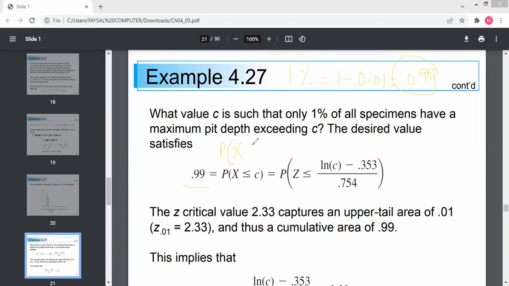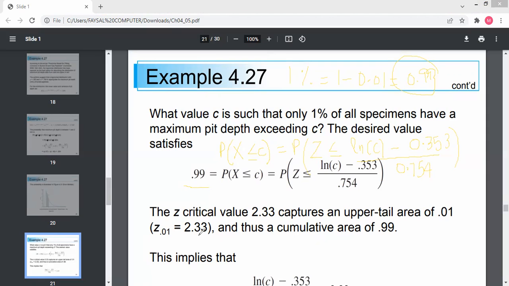Probability of X less than or equal to C is the probability with Z less than or equal to (log of C minus 0.353) divided by 0.754.